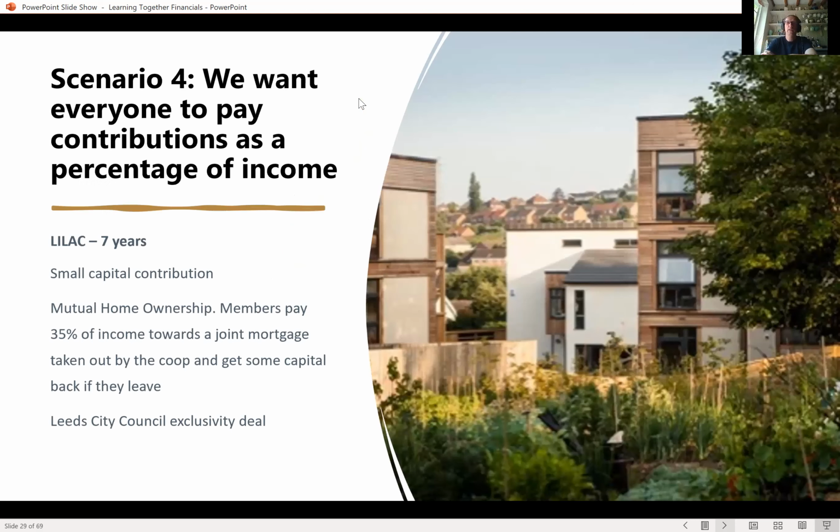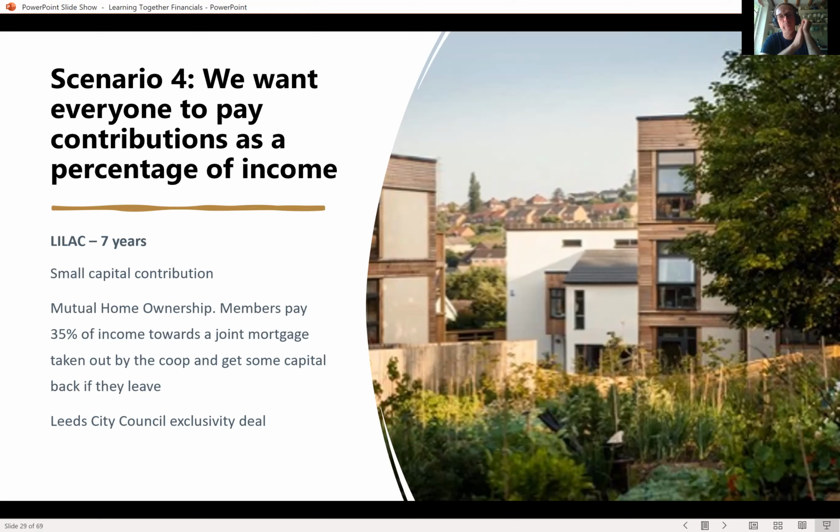Scenario 4, we want everyone to pay contributions as a percentage of income. This is another type of affordable housing project. This is LILAC in Leeds, which stands for Low Impact Living and Community.